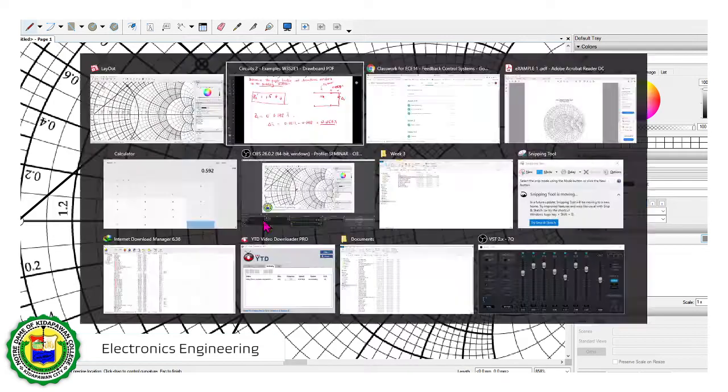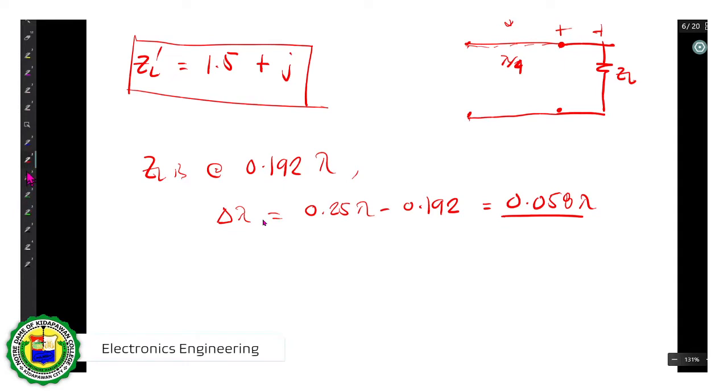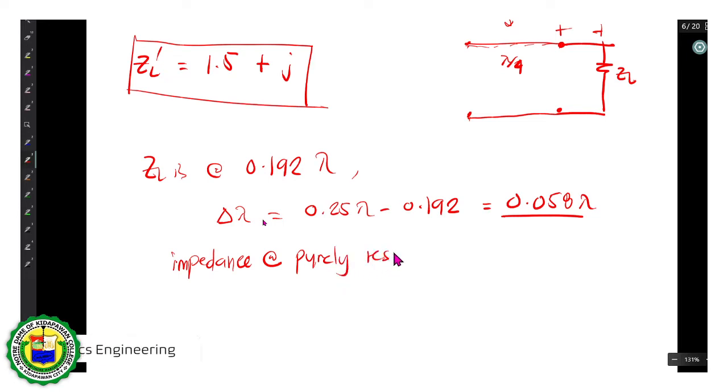Let's say the impedance at the purely resistive point is equal to 2.4. That is normalized, right? So if we want the non-normalized value, we should multiply that by 50.